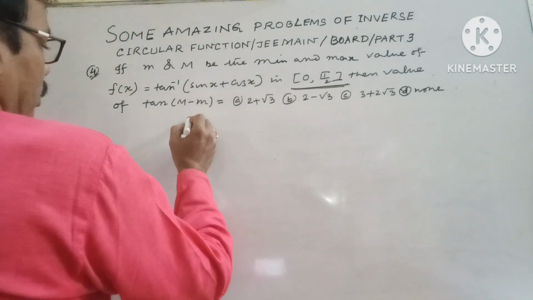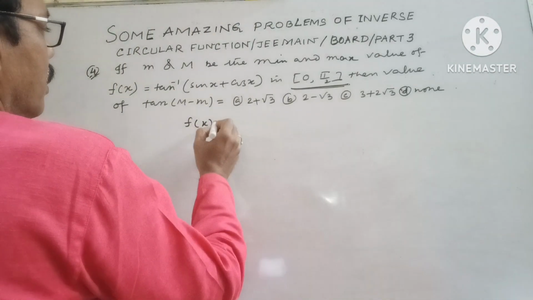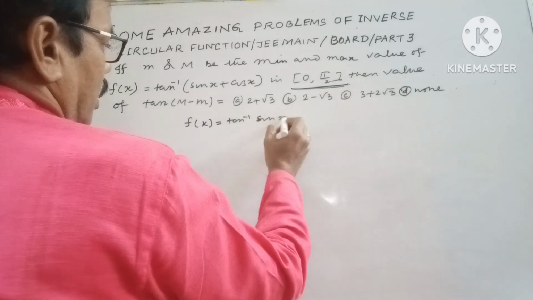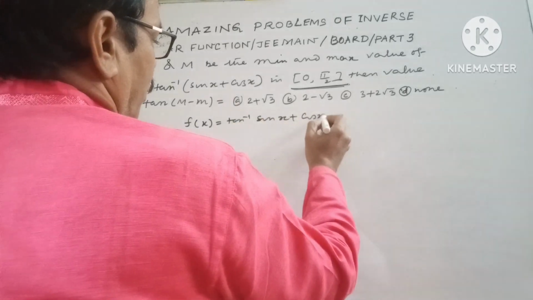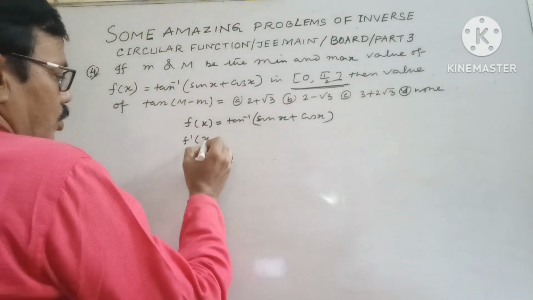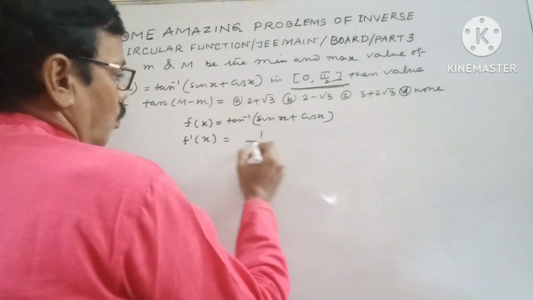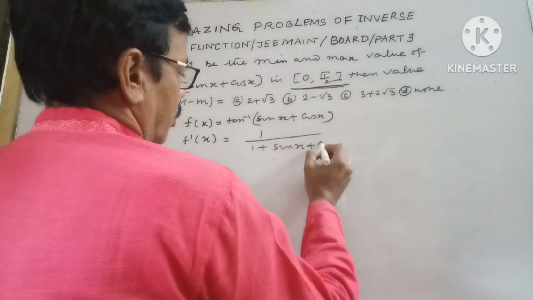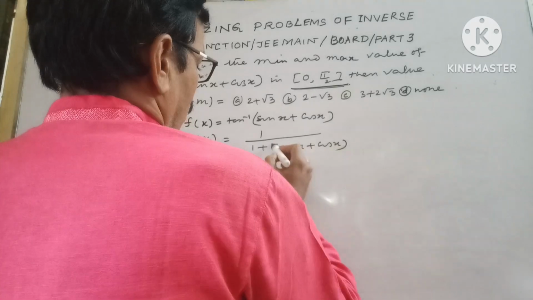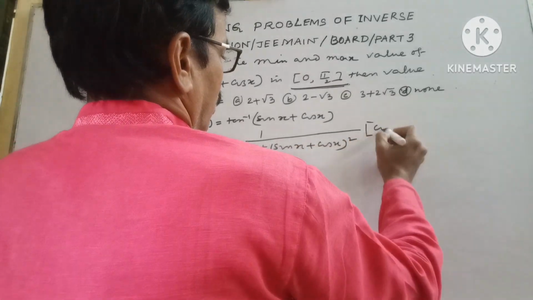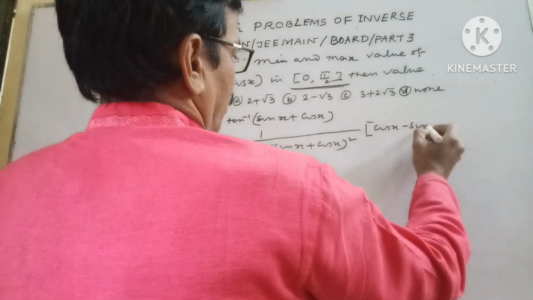Now what is f(x)? f(x) equals tan inverse (sin x + cos x). Now f'(x) equals 1 by 1 plus (sin x + cos x) whole square, into (cos x - sin x).